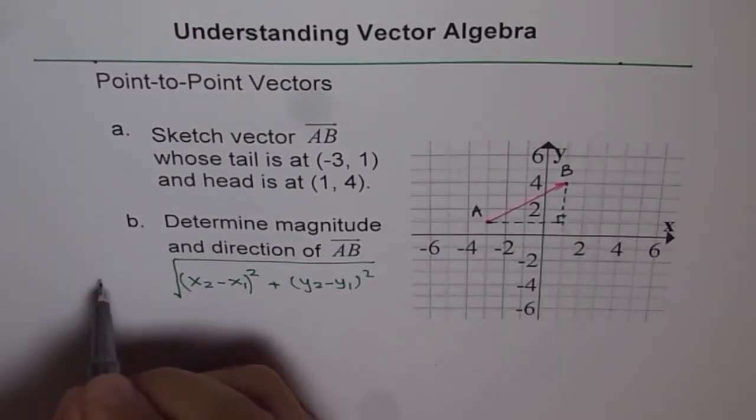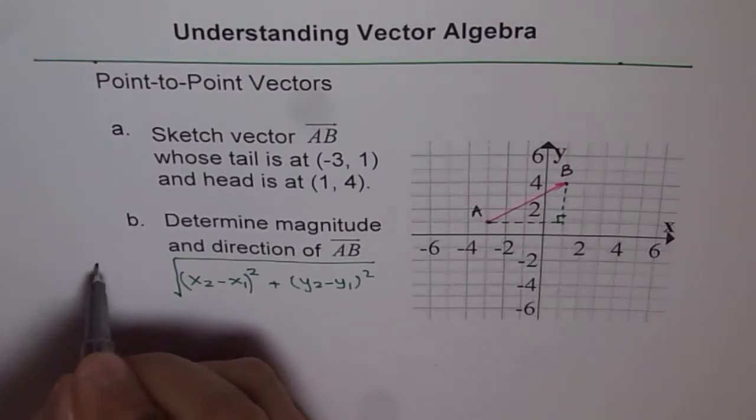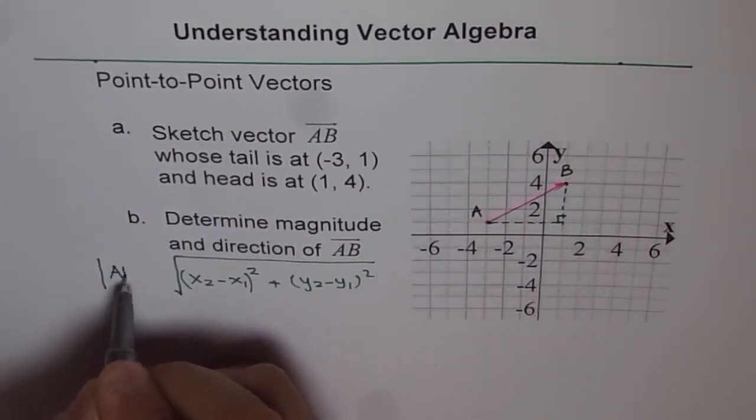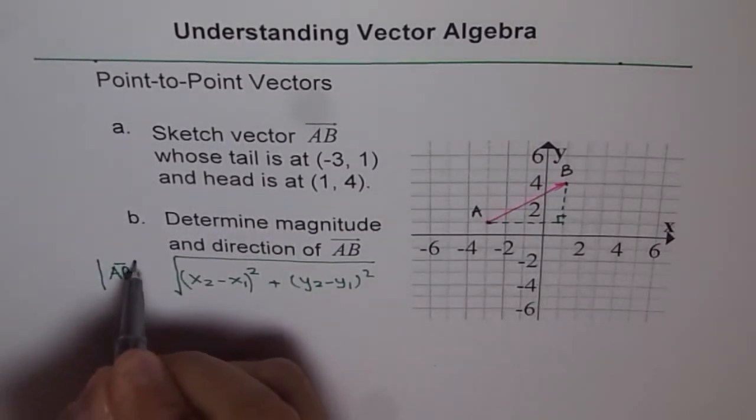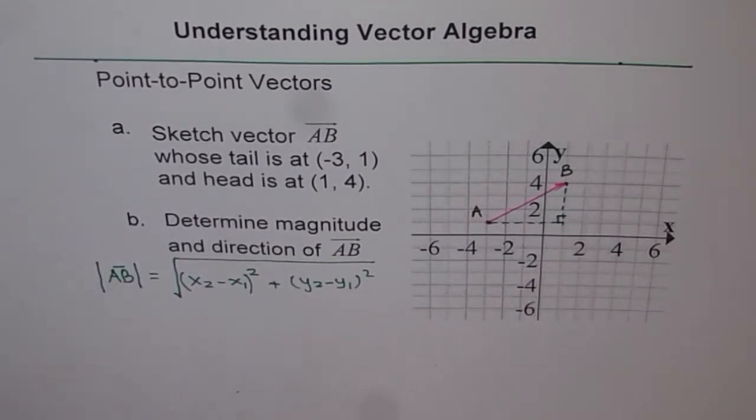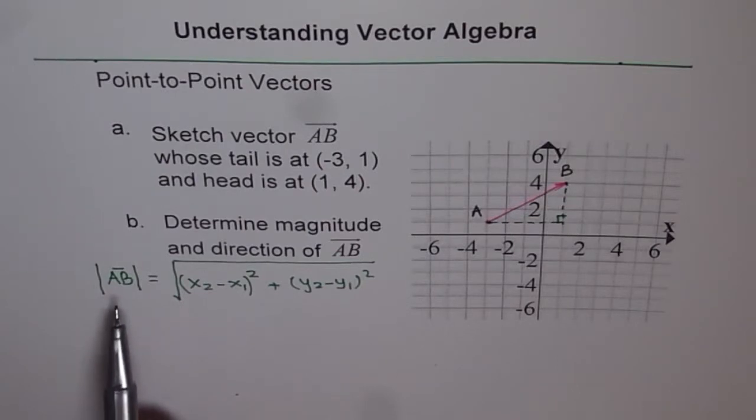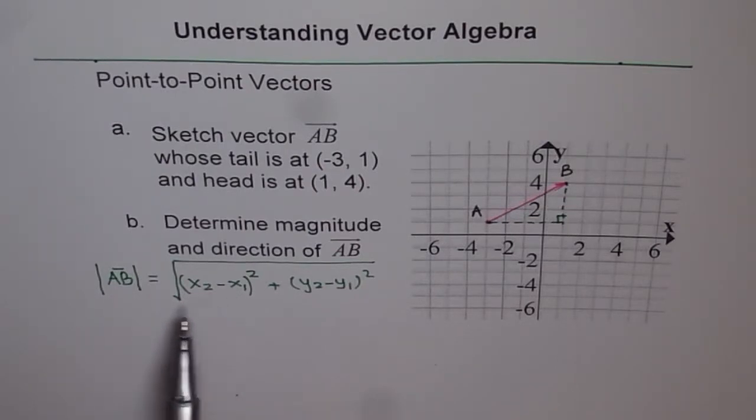We get the magnitude. In vectors, we write magnitude with absolute bars and the vector inside. That is how you have to write magnitude. This means we are only talking about magnitude, no direction.